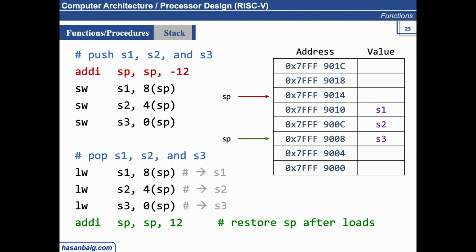For S1, it's specifically adding 8, the base address. No, we can execute this instruction first and this instruction at the end, meaning the S3 load from 0(SP) can be executed first.